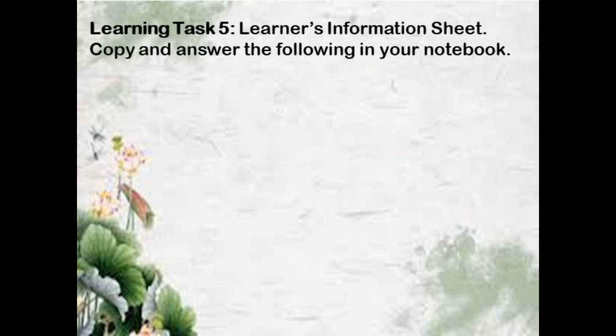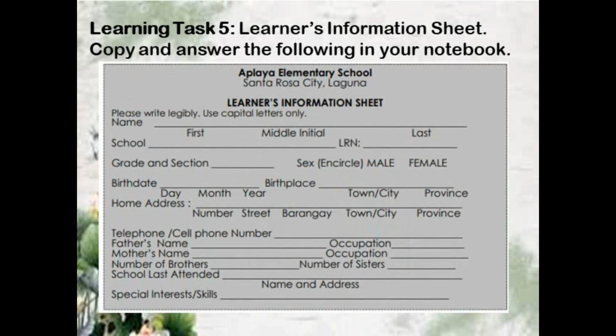Learning Task 5. Learner's Information Sheet. Copy and answer the following in your notebook. Again, the Learner's Information Sheet provides detailed information about a learner. This form is usually filled out during enrollment.